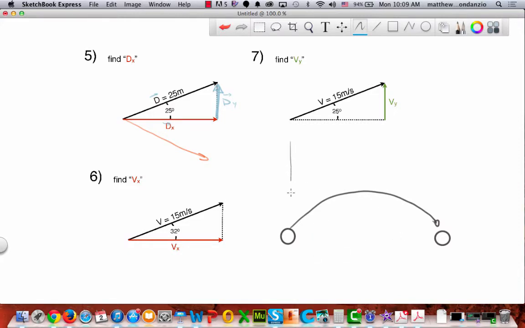I can describe that from a positional standpoint, an x position and a y position. So when I'm here, I have a certain x and a certain y. Here I have a certain x and a certain y, and so forth. In addition, my velocity is going to have a certain velocity component, x and y.